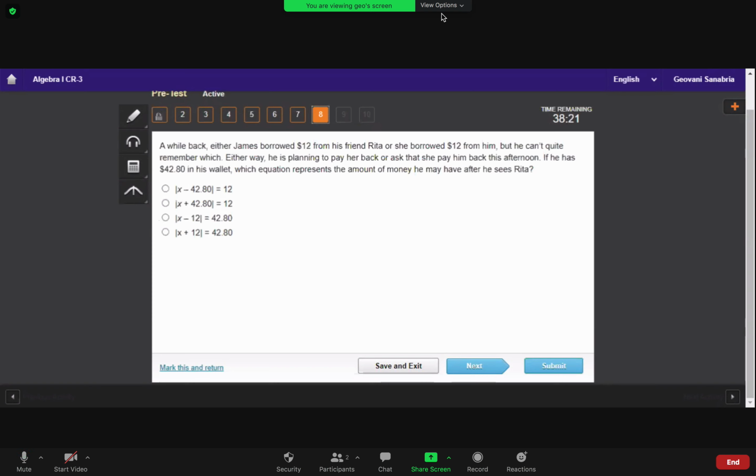Because if he ends up having $12 less than, that means he owed her, and so what would that be, like $30.80 minus 42.80?